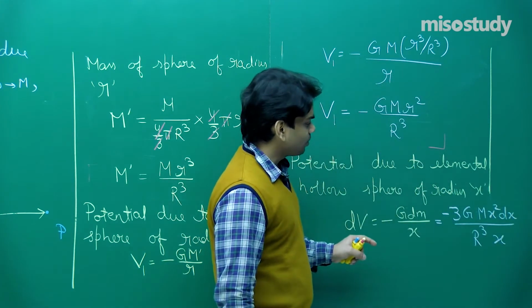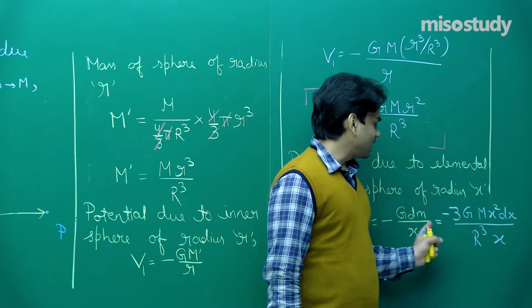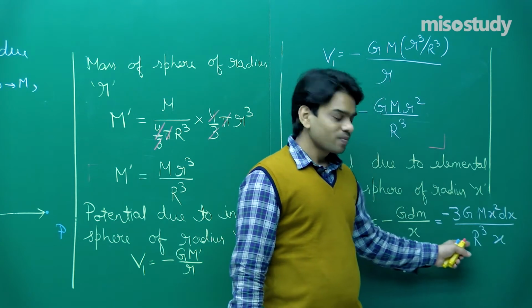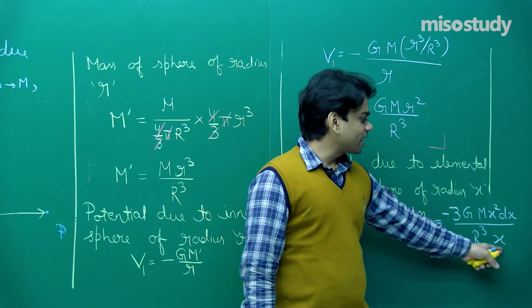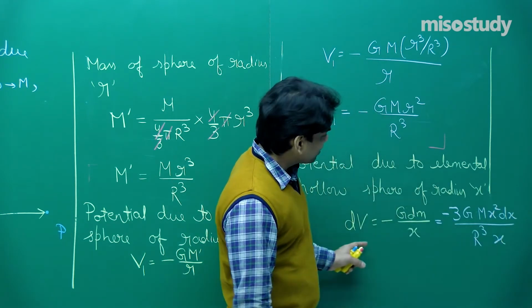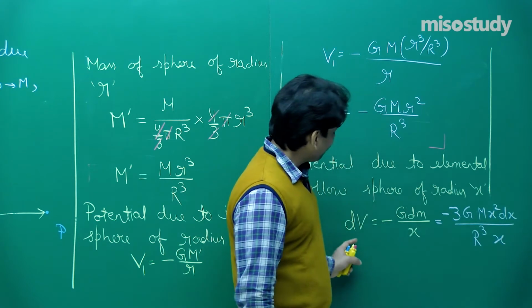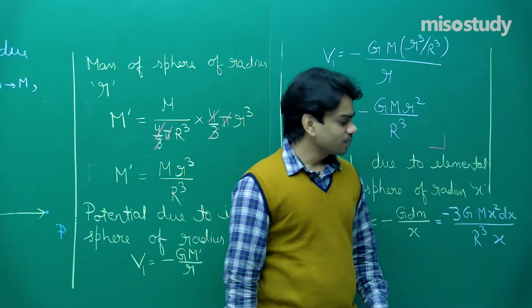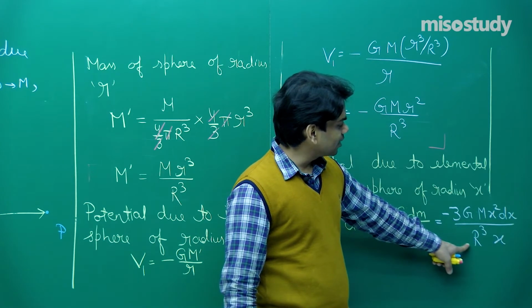Hope you are obtaining what I mean to say here. Minus 3GM, and dm value I have put as 3Mx square dx by r cube, and here this x was there, so I have kept here x. Now see here, we got the value of potential in terms of x. 1x and 1x will be cancelled out, and you will be getting r cube in the denominator.